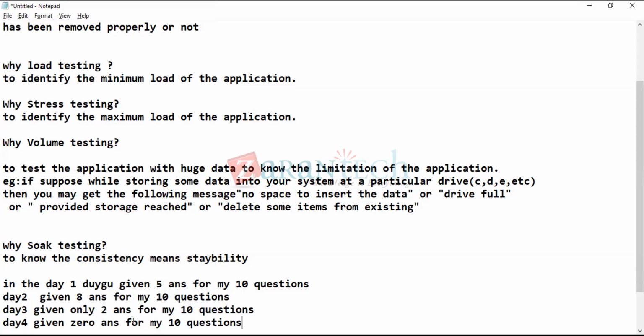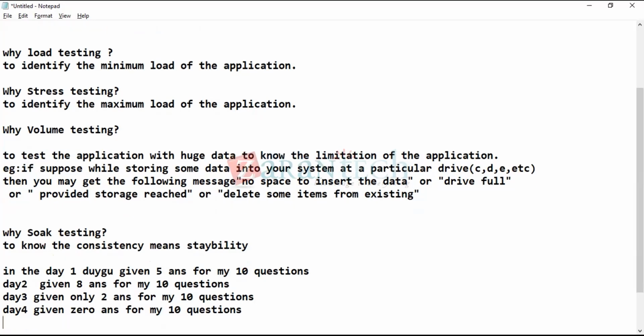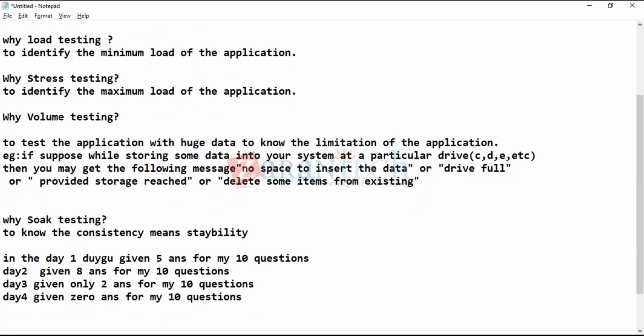Because one day she is giving 5 answers, another day she is giving 8 answers, on day 3 she is giving only 2 answers, and on the 4th day she is giving 0. It means totally inconsistent. The above scenario represents the inconsistency, which is not good.